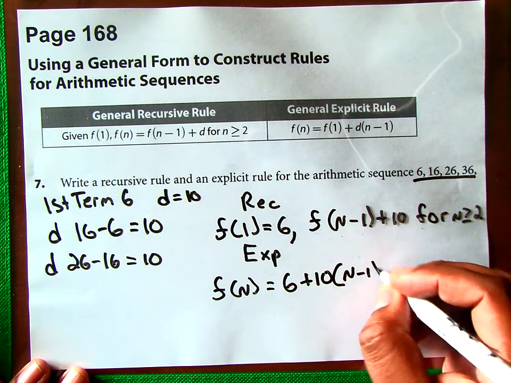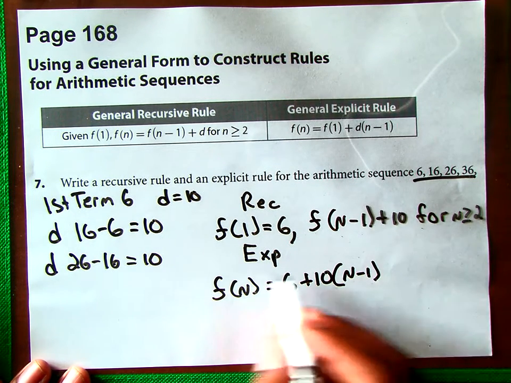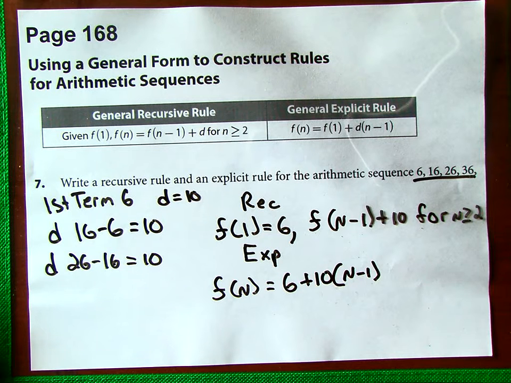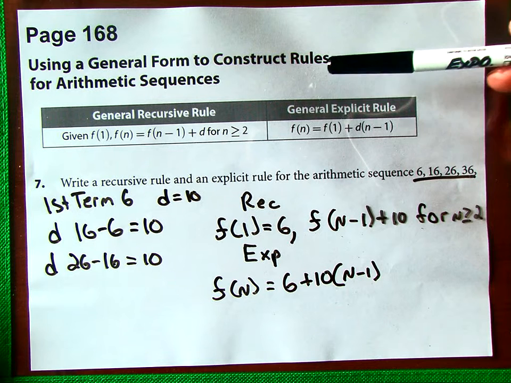And that's the explicit rule. Okay, and that's it. That's using general form to construct rules for an arithmetic sequence.